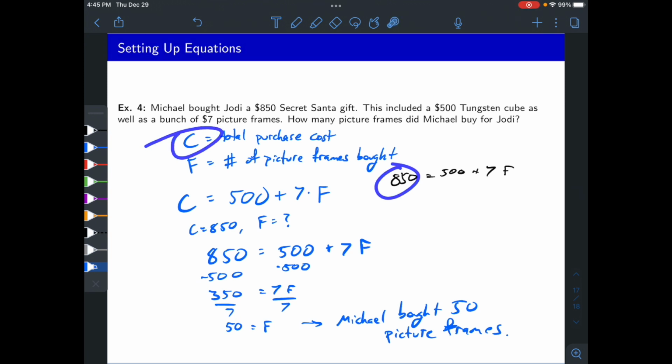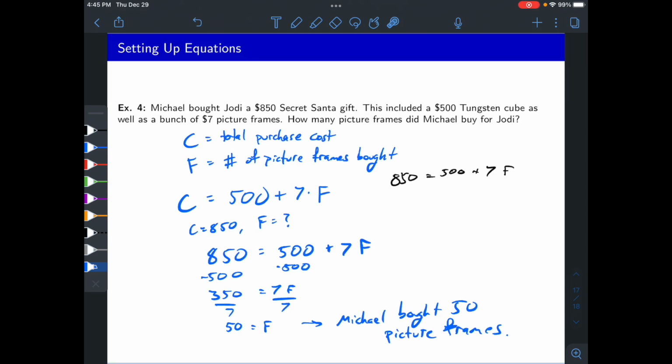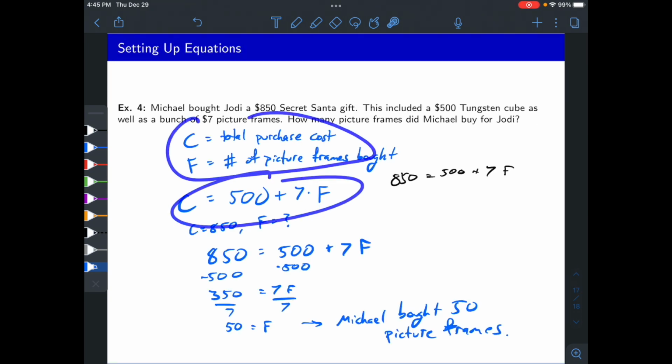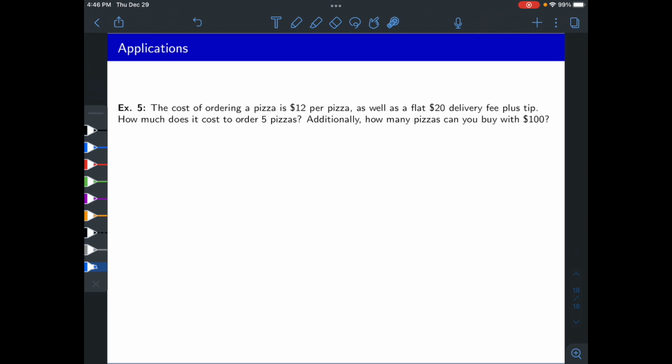You don't really need a variable for the total purchase cost, but it is more useful in later concepts to be able to build these equations from the start and define all of your variables at the start anyway. So it's a good habit to be in when you're learning this stuff, so that it allows you the flexibility to do more things later on. So anyway, try this problem, pause the video, come back when you're ready, and then we'll go over it.